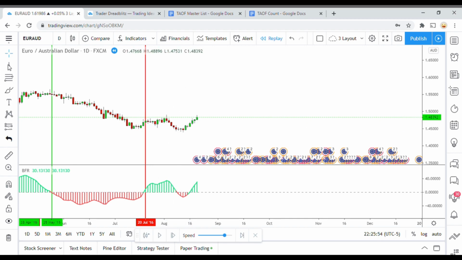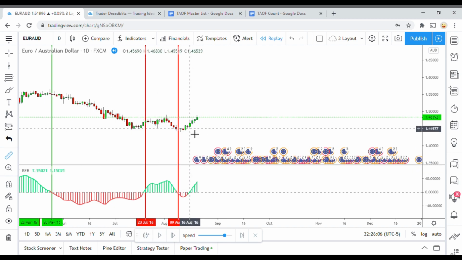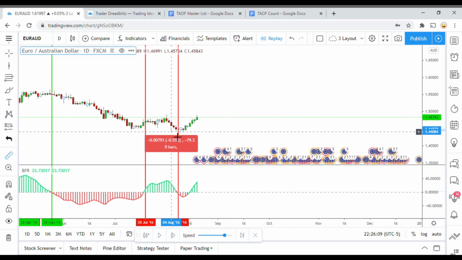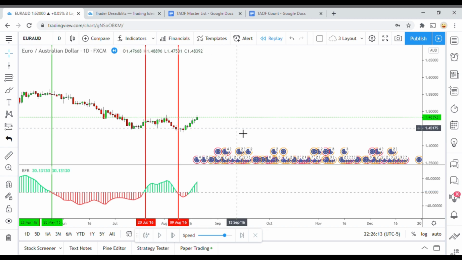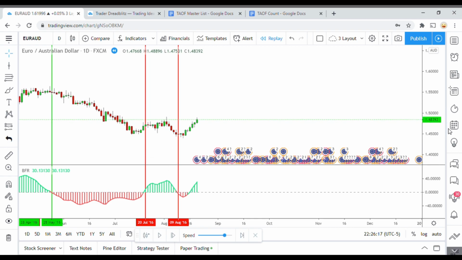Then it came down, bounced off almost that same exact area, and threw a short signal on us for just a moment. Let's see. Right there, yep. That doesn't look like it got us to take profit. Let's double check though. That is darn close.